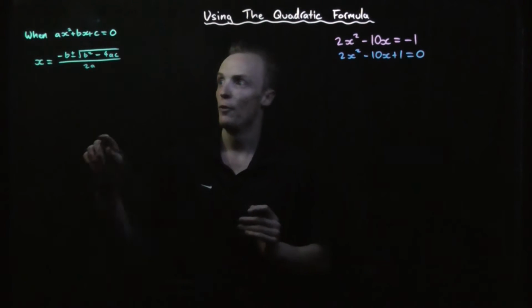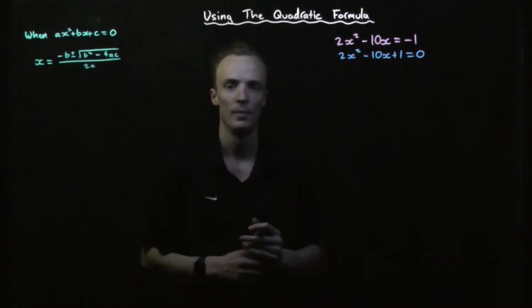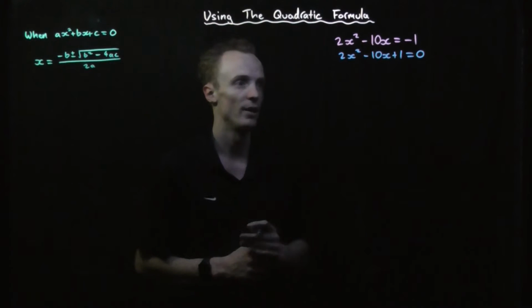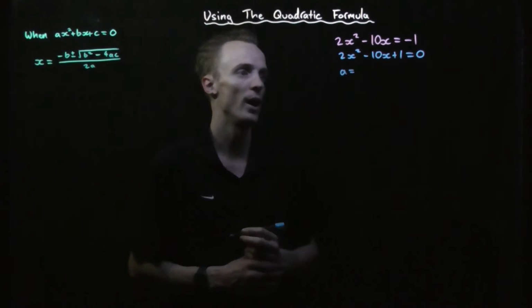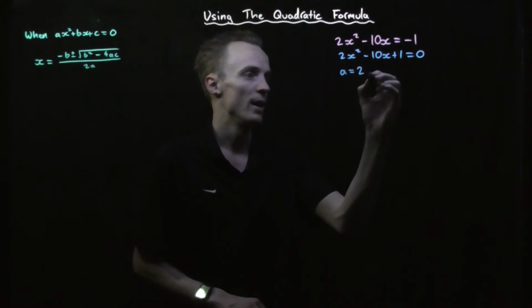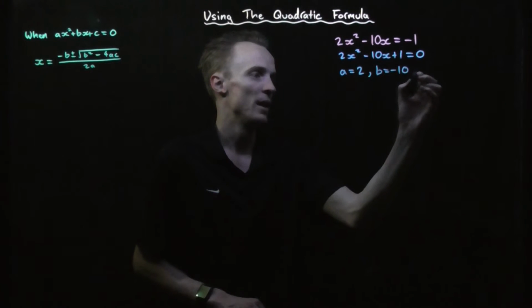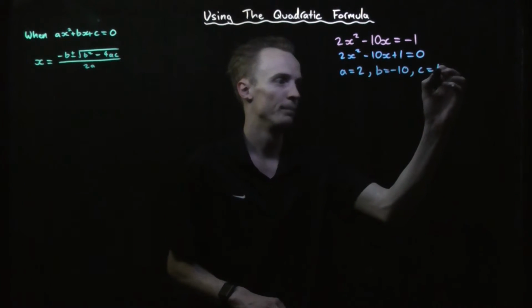Now we've got it in the same format as the ax squared plus bx plus c is equal to 0. So what we do now is identify what our a, our b and our c values are. So here our a, or the pronumeral to x squared, is equal to 2. Our b, or the pronumeral to x, is equal to negative 10. And our c, or our constant value, is equal to 1.